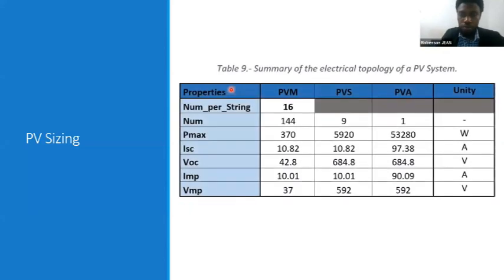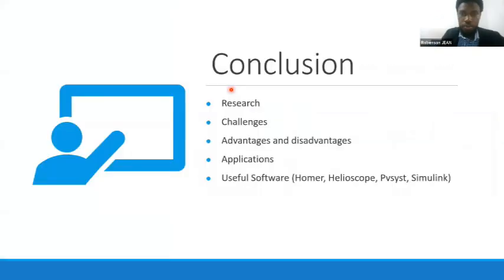So, to conclude, we have to say that photovoltaic technologies are under research, and there are a lot of promising technologies that are going to be available on the market.